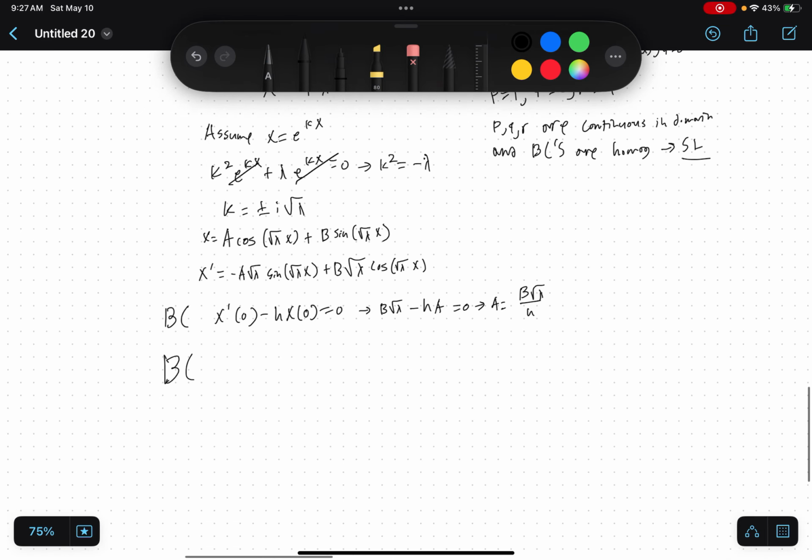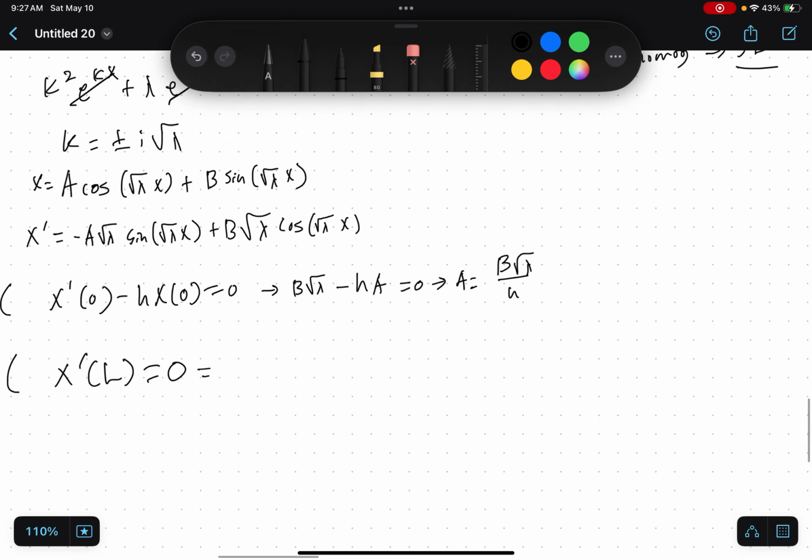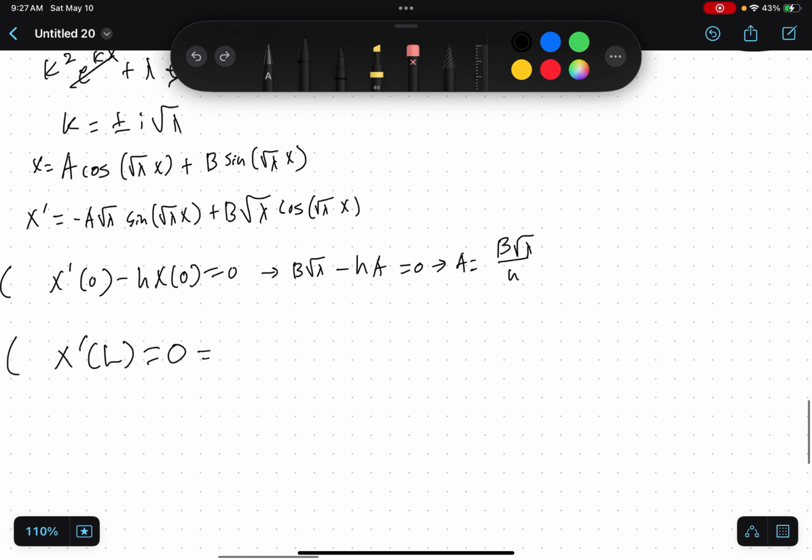Second boundary condition. Then we plug A into there also.